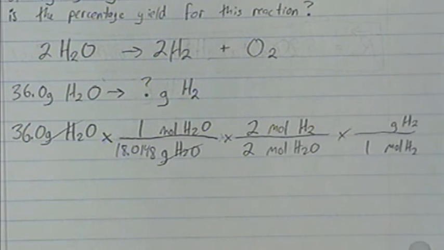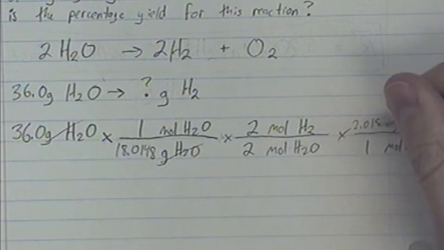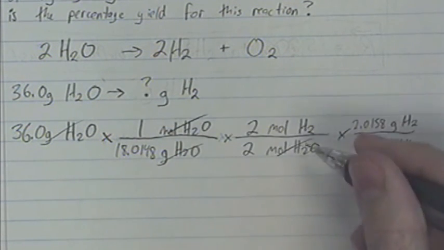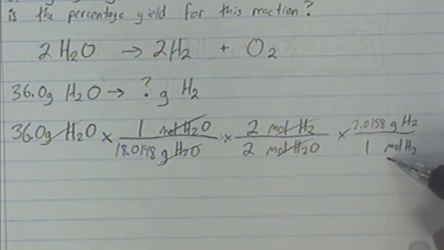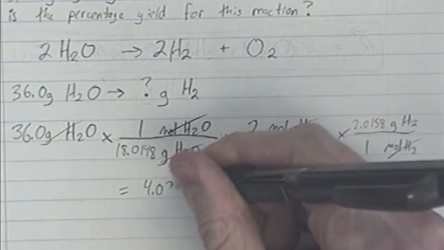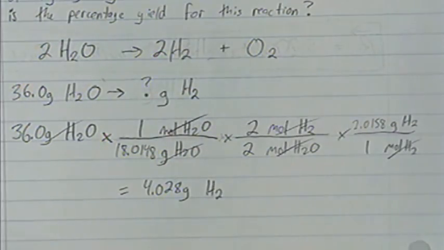And the molar mass for 2 hydrogens would be 2.0158 grams. Moles of H2O cancel with moles of H2O, moles of H2 cancel with moles of H2. For units, we're left with grams of H2. And when we plug this into the calculator to solve for the grams of H2, we get an answer of 4.028 grams. That is our theoretical yield.